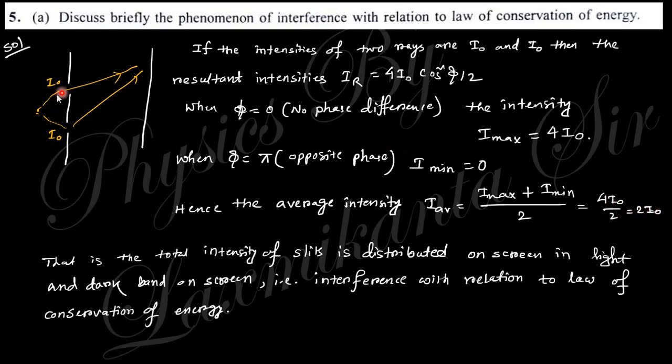So you can see the incident intensity is 2 I0, and the resultant average intensity on the screen is also 2 I0. So you can easily say the energy is conserved here, that is, the total intensity of the light is distributed on the screen into light and dark. The intensity is redistributed from dark to light, so the energy is conserved.